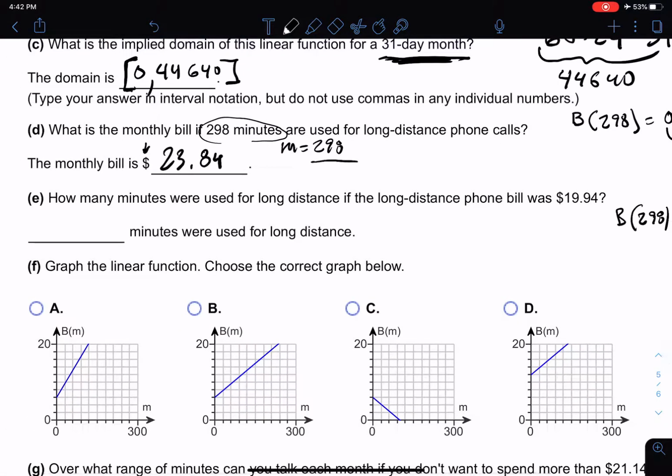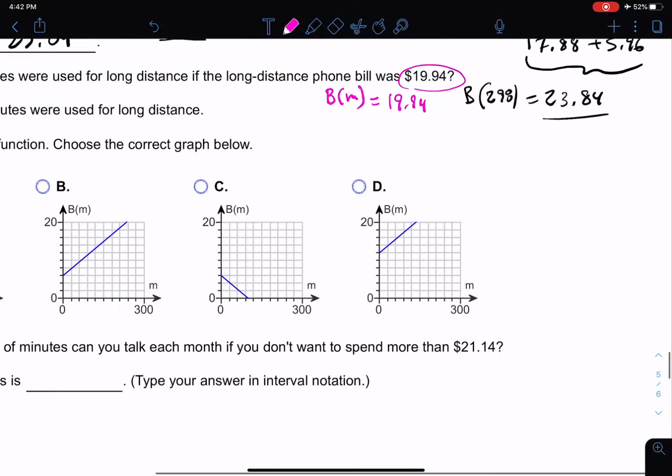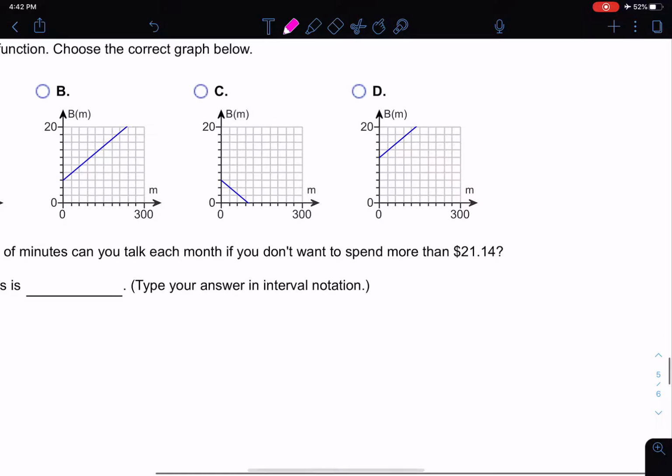How many minutes were used for long distance if the long distance phone bill was $19.94? So now they're talking about the phone bill. I think I'm going to use another color here. So the phone bill, in terms of a variable, would be B of M. We just got the phone bill being $19.94.